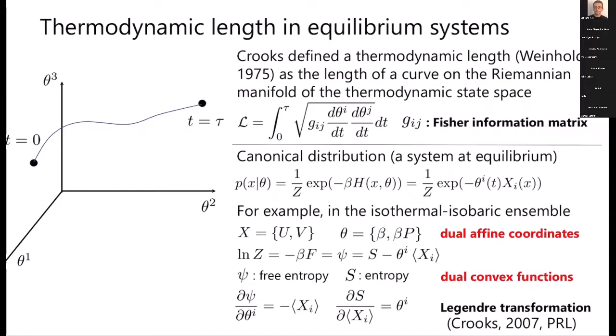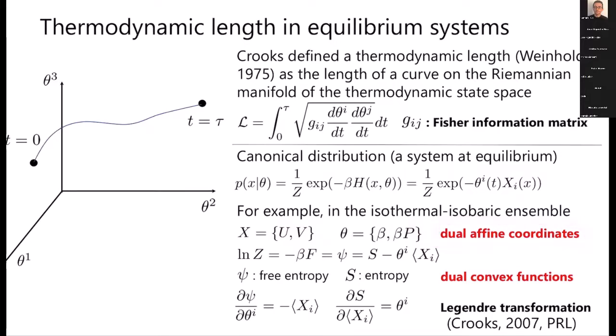And in this case, the distribution is expressed by an exponential family distribution, and the affine coordinates are theta and also the expectation of x. And x is, for example, some potential or volume, and theta is the inverse of temperature, and also beta times pressure. And these are the dual affine coordinates.